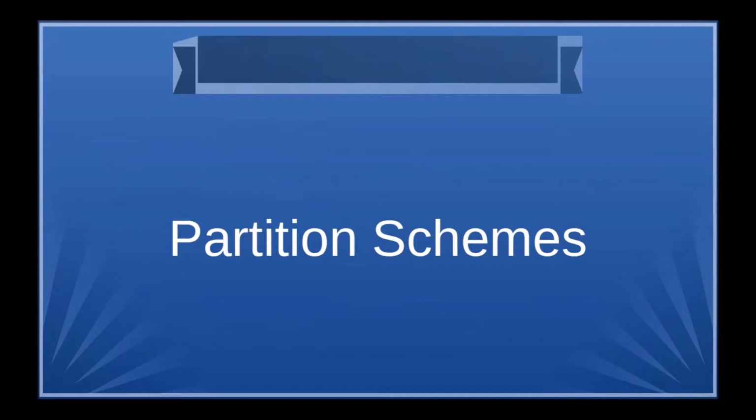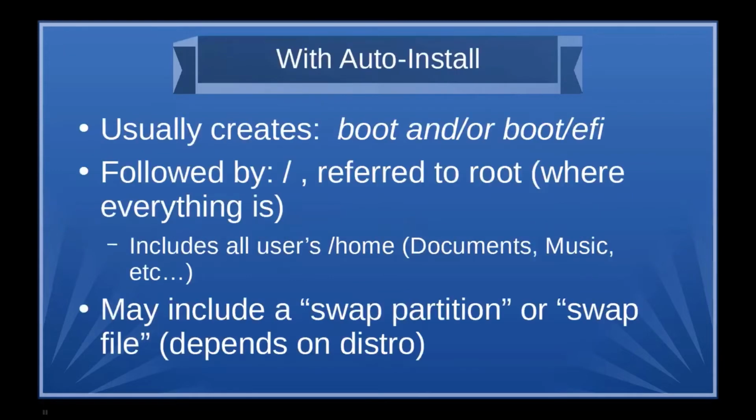So if we're going to talk about what are the different partition schemes that you can use to cut up your hard drive. Now, when we did the install before and just said do it, it makes an auto one. It usually creates a boot partition, or modern days it has to have a boot EFI for UEFI. And then it has a single partition that's called root.